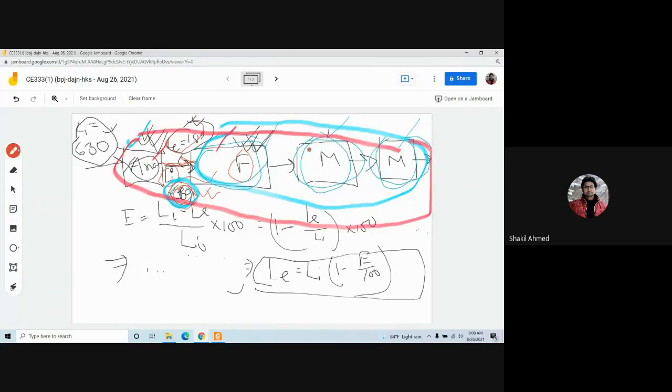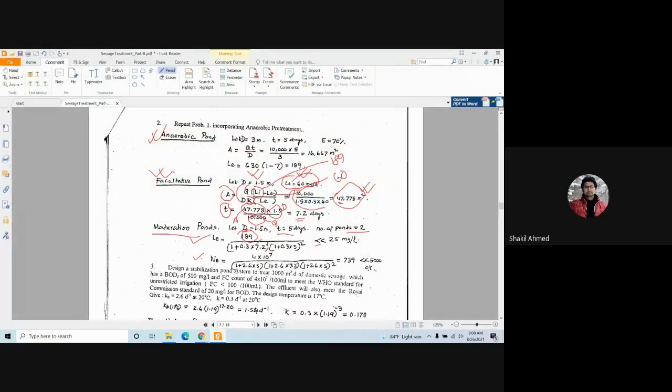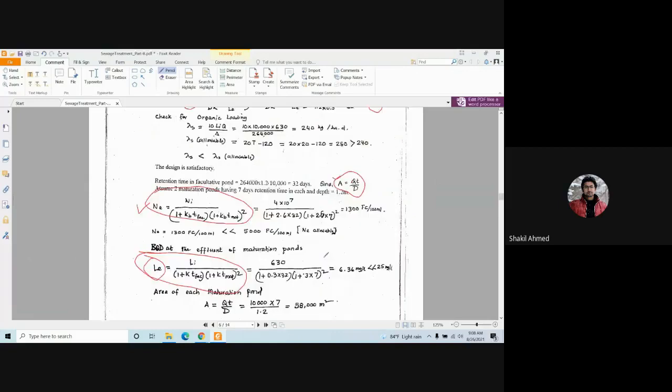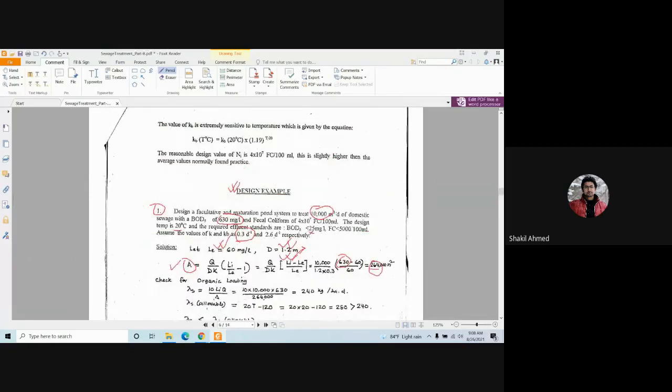1, 2, 3, 4. How many? 4. We're taking this system. So what is the Li now? 630 plus 189, 631 for BOD, right? And what is your Ni? Initial fecal coliform, 4 into 10 to the power 7.